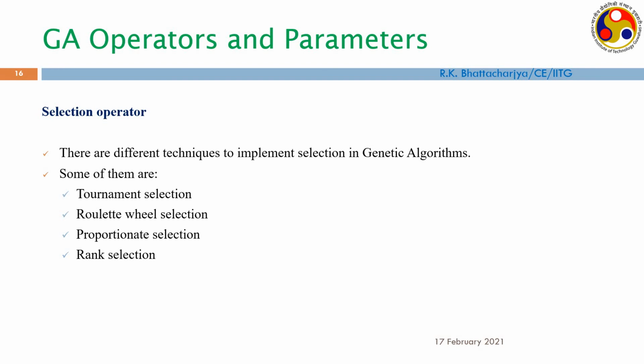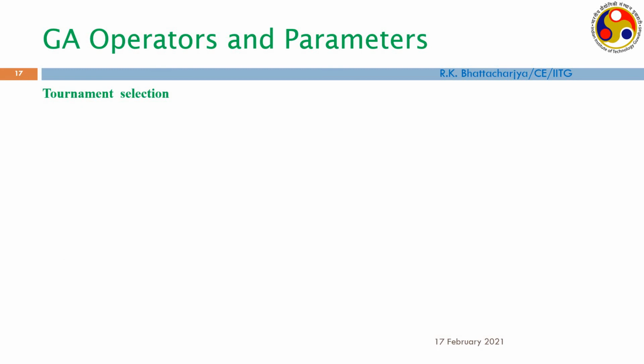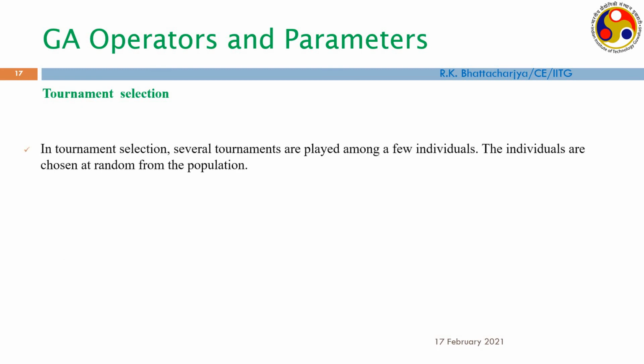This is basically your selection operator. I can apply tournament selection, roulette wheel selection, proportionate selection, and rank selection. There are some other selection operators that we can also apply, but I'm not discussing them here. So what is tournament selection?